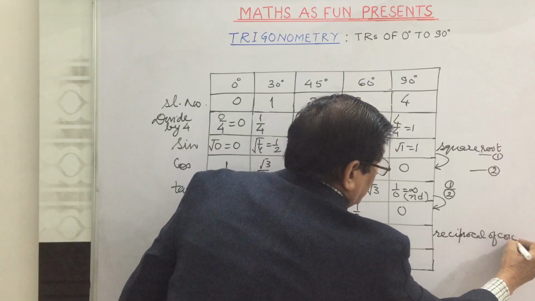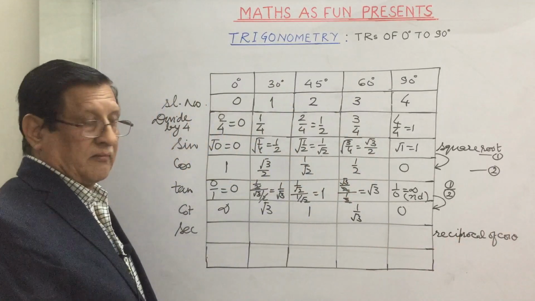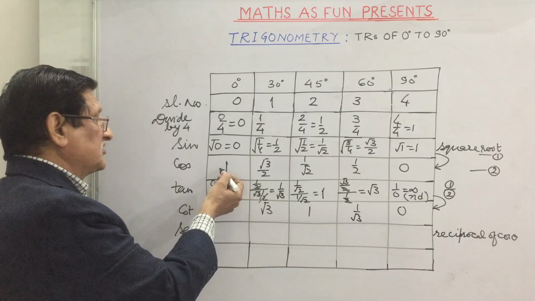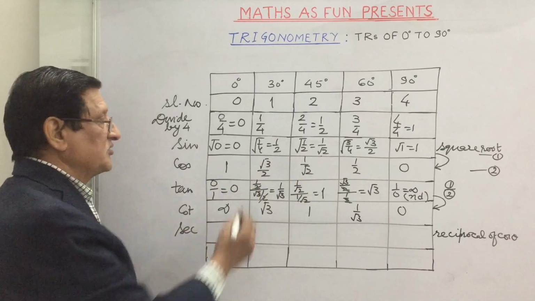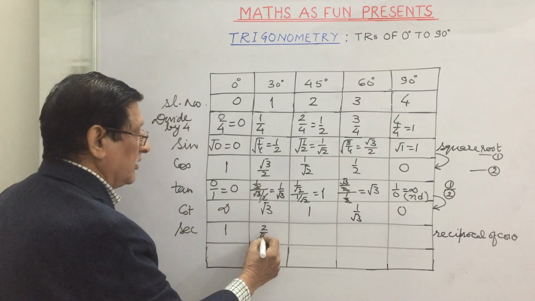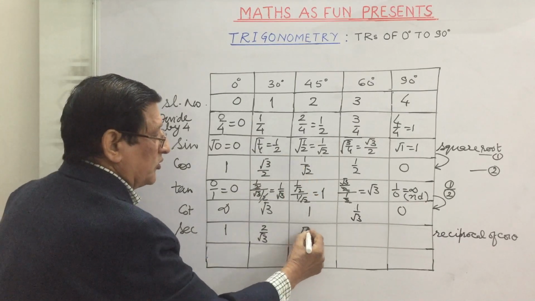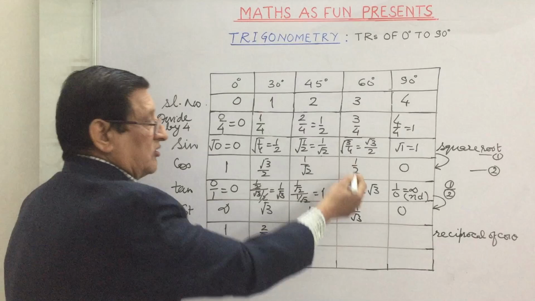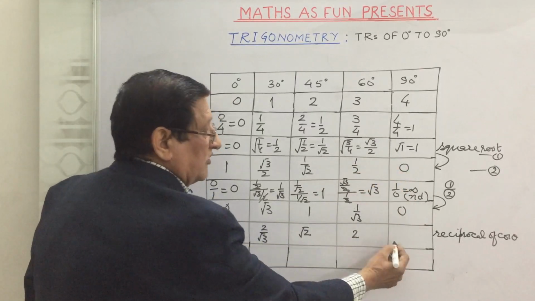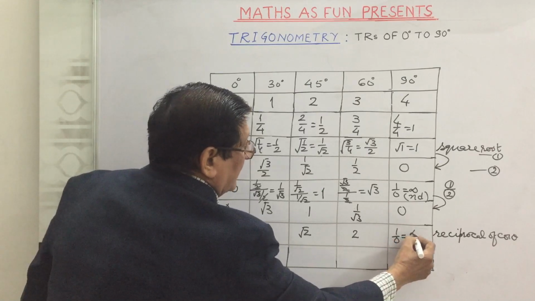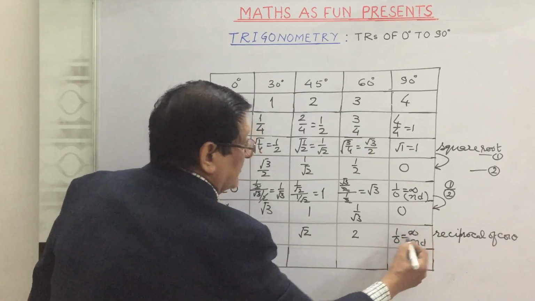If we find the reciprocal of all these values, 1 upon 1 is 1. The reciprocal of this is 2 upon root 3. This will be root 2 upon 1, which is root 2. This will be 2 upon 1, which is 2. And this is 0. So the reciprocal of 0 is infinity, that is not defined, we write.